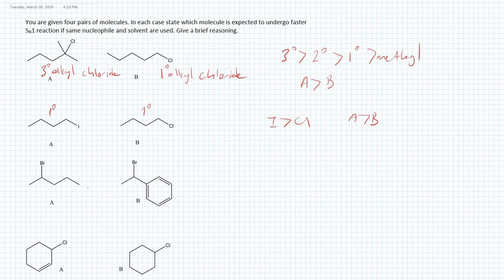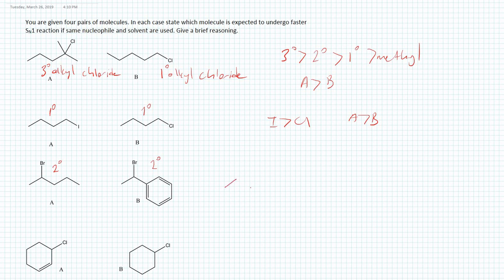In the next option, we have two alkyl bromides, and this one is a secondary alkyl bromide. Let's write here, the structure is secondary, and this molecule in B is also a secondary bromide. But the difference between them is there is an aromatic ring next to the carbon bearing the leaving group. So let's just look at the structures of the carbocations they will produce during SN1 reactions.